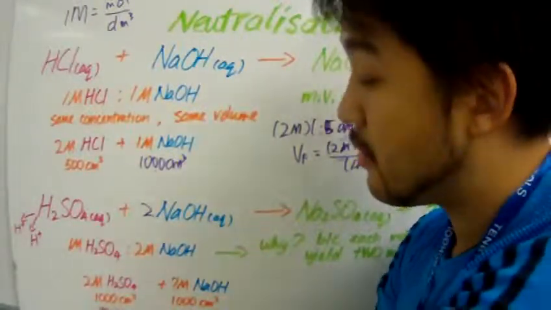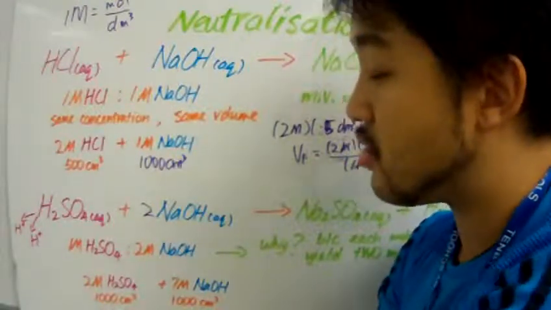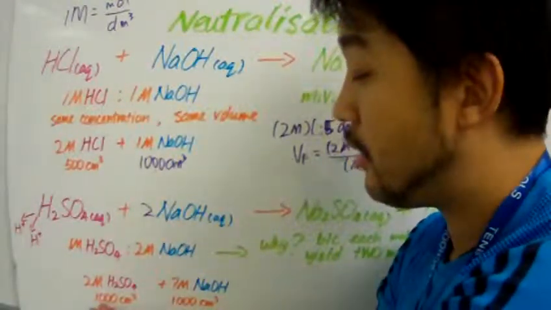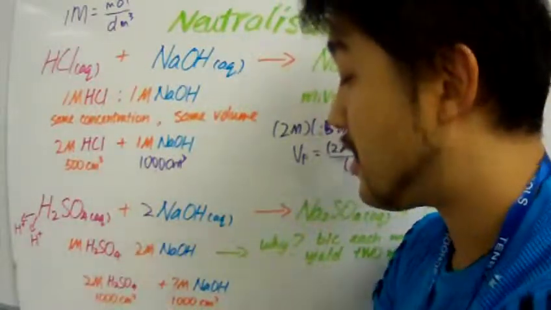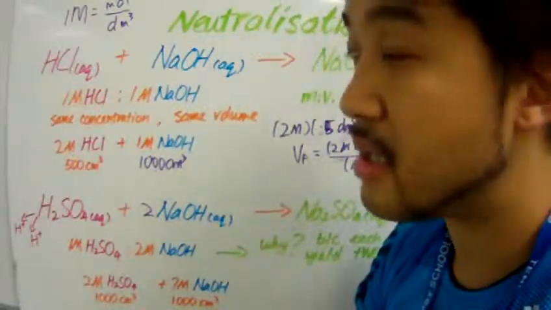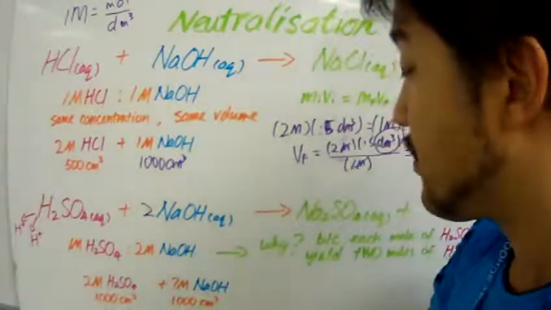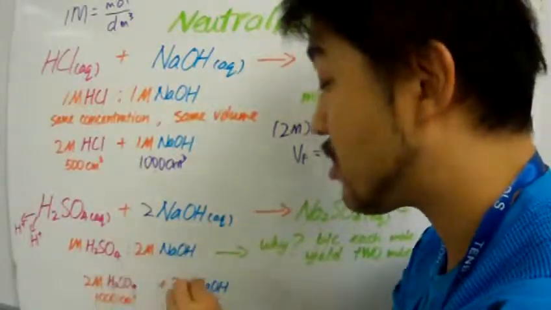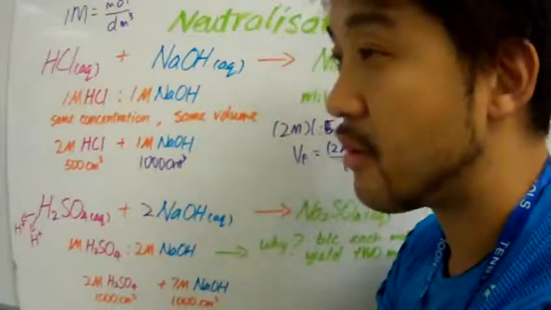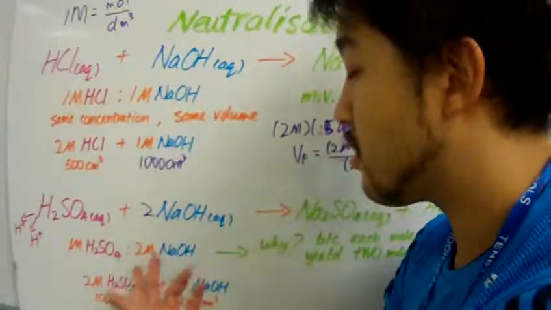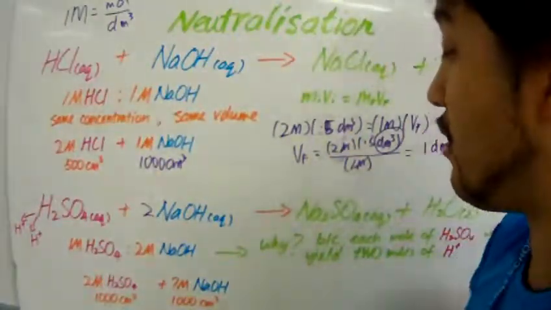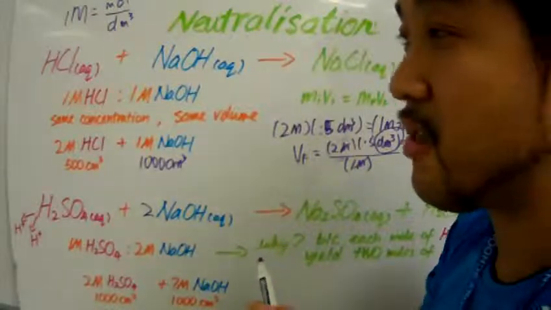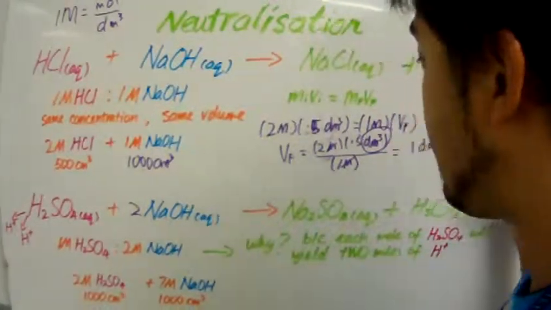We used 1,000 cubic centimeters of sulfuric acid and 1,000 cubic centimeters of sodium hydroxide. These two, when they react, will neutralize to form the salt. So the question is, how much sodium hydroxide is over here? Well, I know you can probably solve this in your head, but let's plug it into this formula.